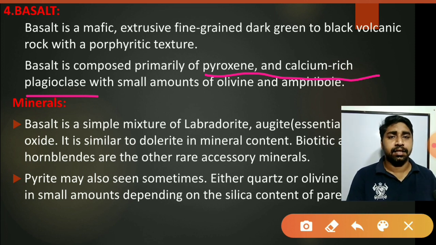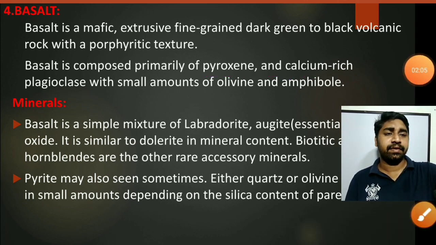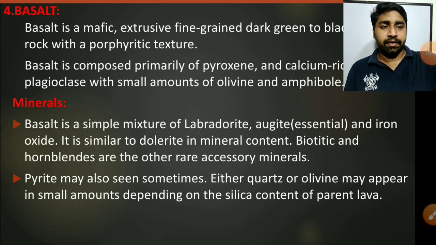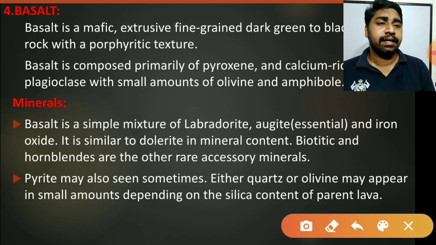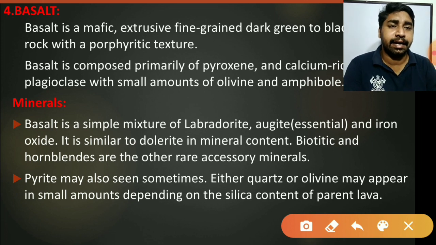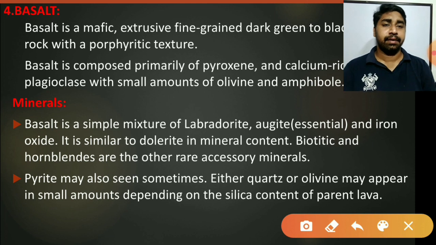Coming to the minerals, there are many minerals available in this basalt. It is a simple mixture of labradorite, augite, and iron oxide. It is similar to dolerite in mineral content. Biotite and hornblende also occur as rare minerals.